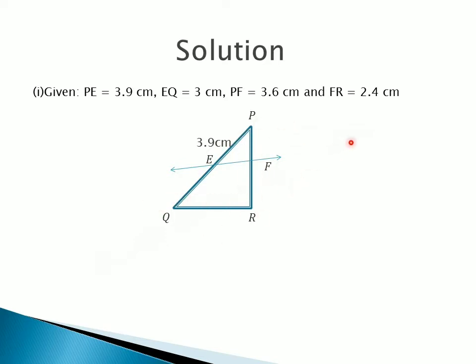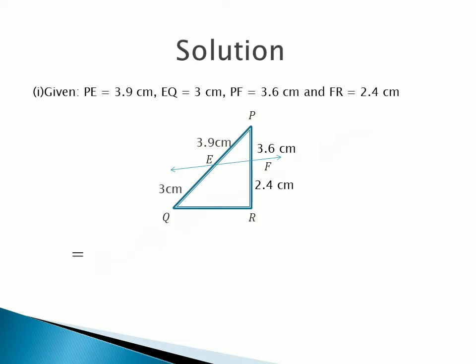Any shape you can give, this is the rough figure. Any line you draw, then mark the points P, E, Q, P, F, R, like that. Otherwise you can't solve. Okay, we have all taken down.